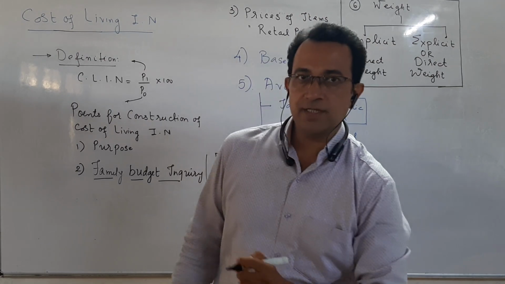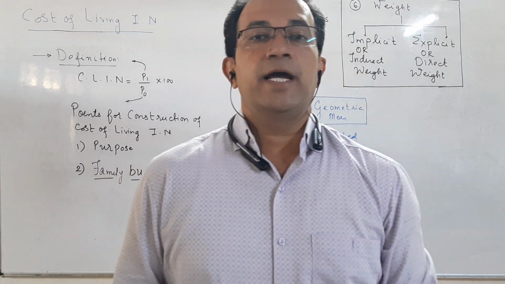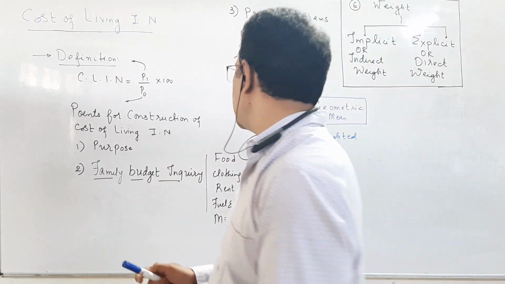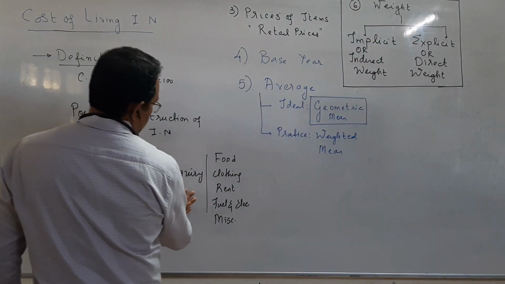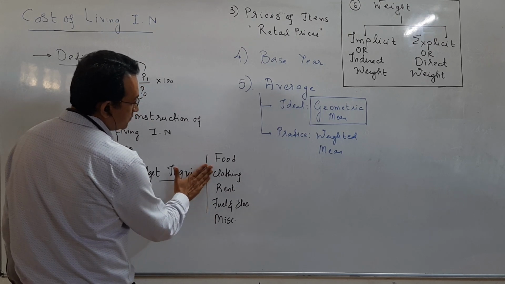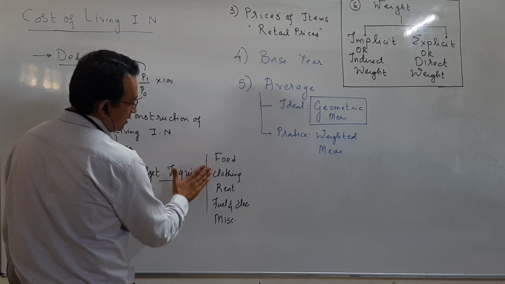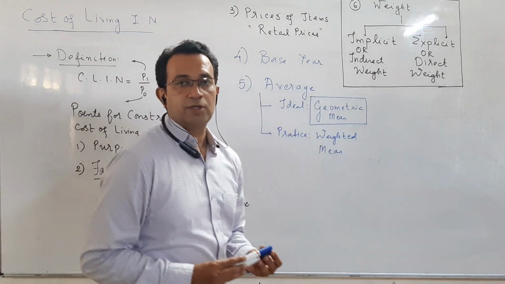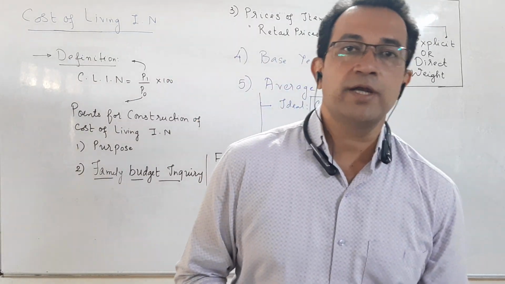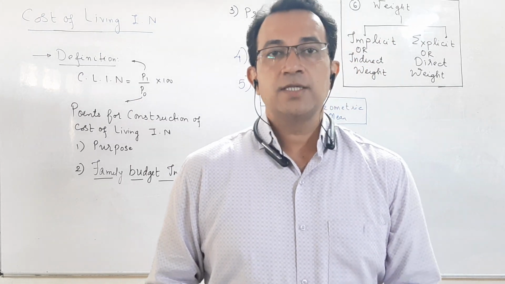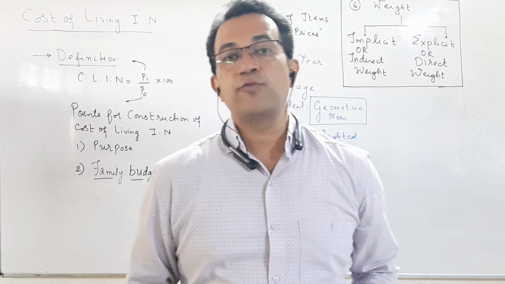So revising again, students, the entire topic of weight. In the family budget inquiry, the main 5 items which are used are not given equal importance, they are given relative importance. So the relative importance attached to a commodity or an item is called its weight. Students, there are 2 types of weights.